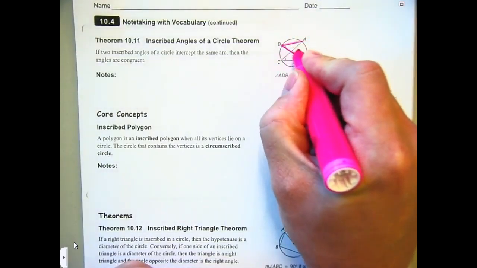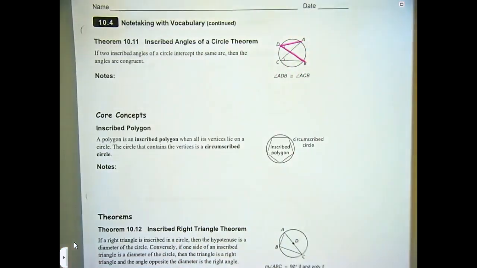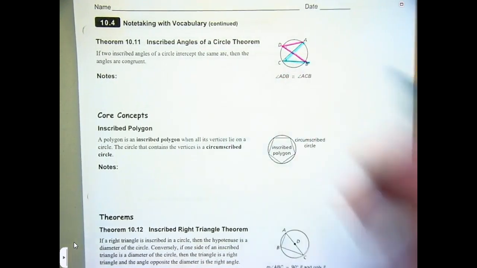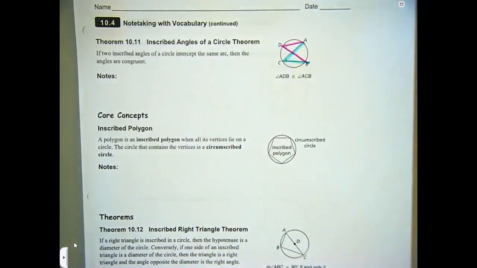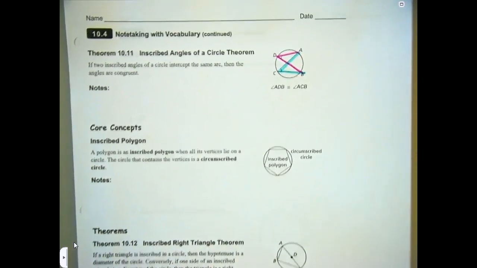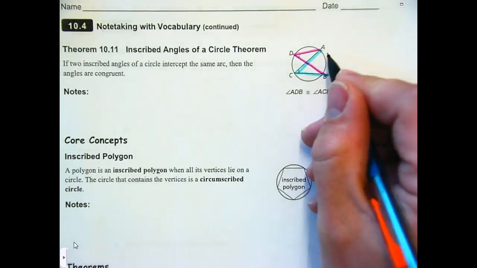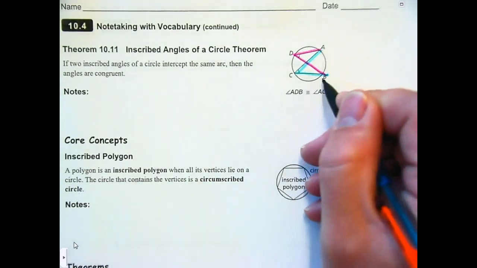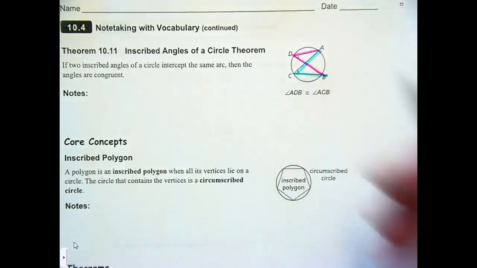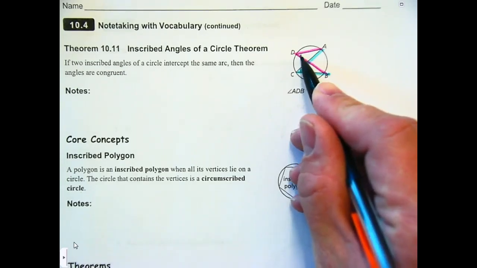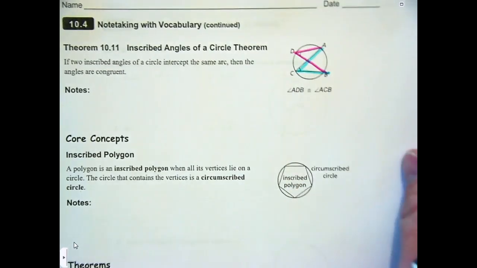If I have angle D and angle C, they are congruent. Why are they congruent? Tell your neighbor. If they intercept the same arc, then they have to be congruent angles because you're applying the same formula to each of them to find that angle. So as long as they intercept the same arc.